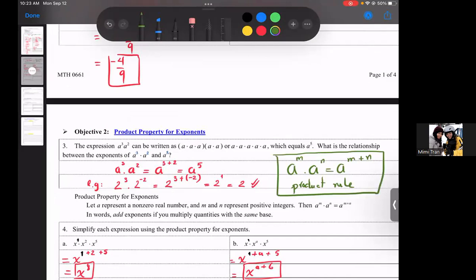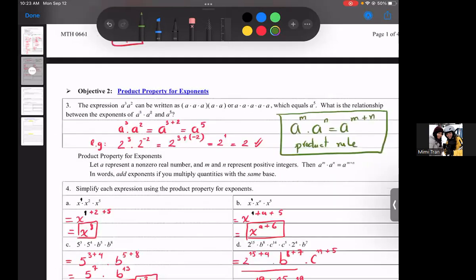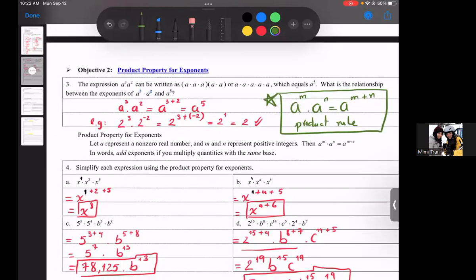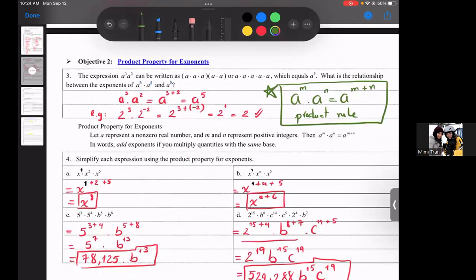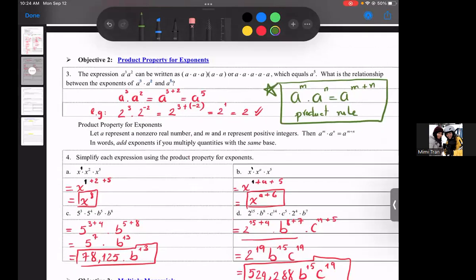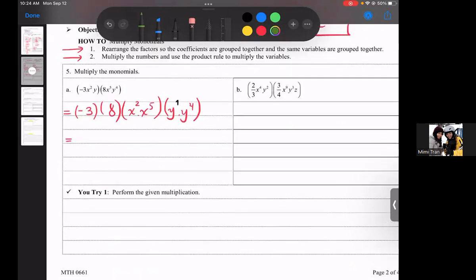It's called the product rule of powers. If I have a to the m times a to the n, it's a to the m plus n. -3 times 8 is -24. What's x squared times x to the 5th? Good, good. And then, yeah, what is the 5th?